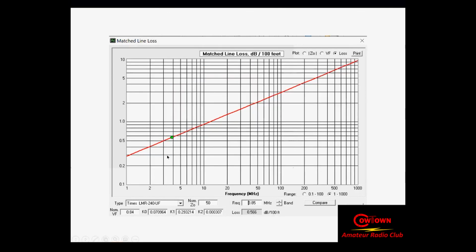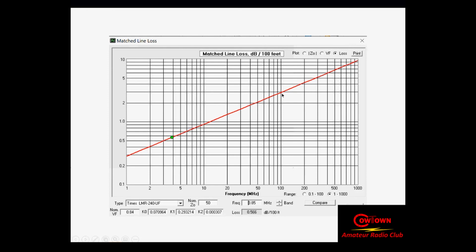And I've just got a few more in here. Let's see, this one is LMR 240. That's RG8X. Notice that the losses on it are a lot higher. So at 30 megahertz, it's losing 1.5 dB per 100 feet, a little over that.